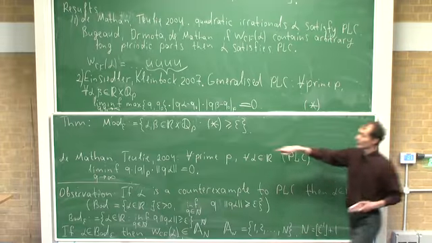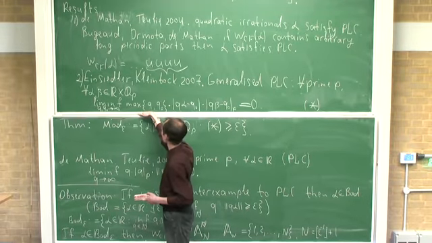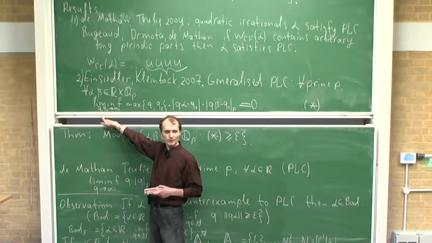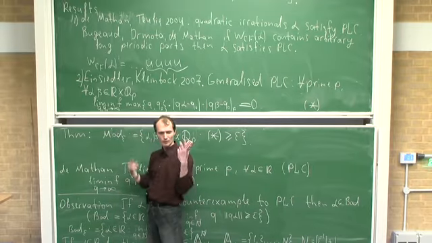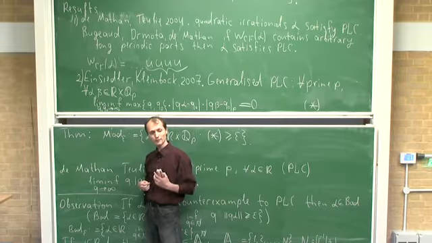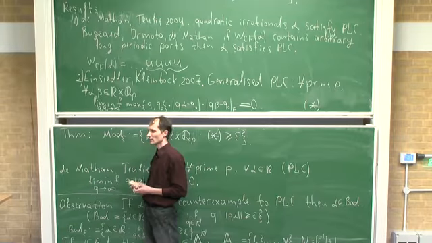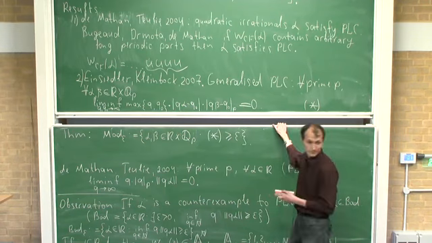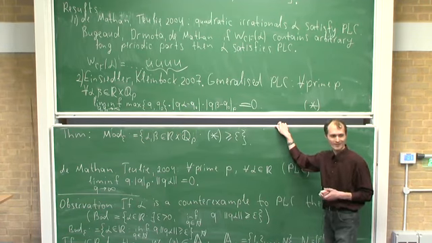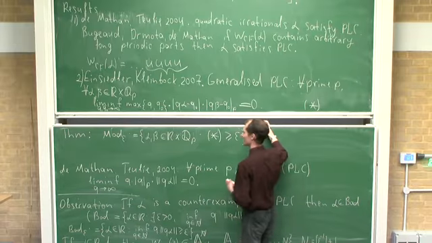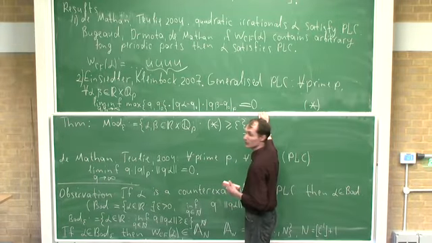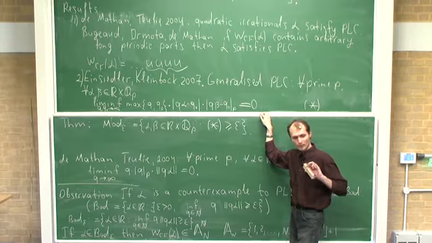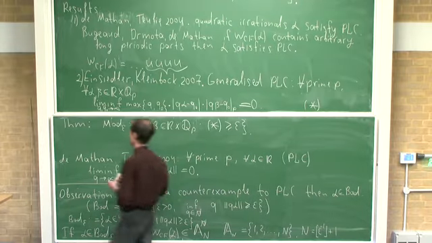When you write lim inf, you don't care about the 0, 0 case, because it's only one pair. But if you write inf, then you should avoid it. No, the question is whether this implies it. It's not obvious, but it's not difficult. I will say a couple of words about that.